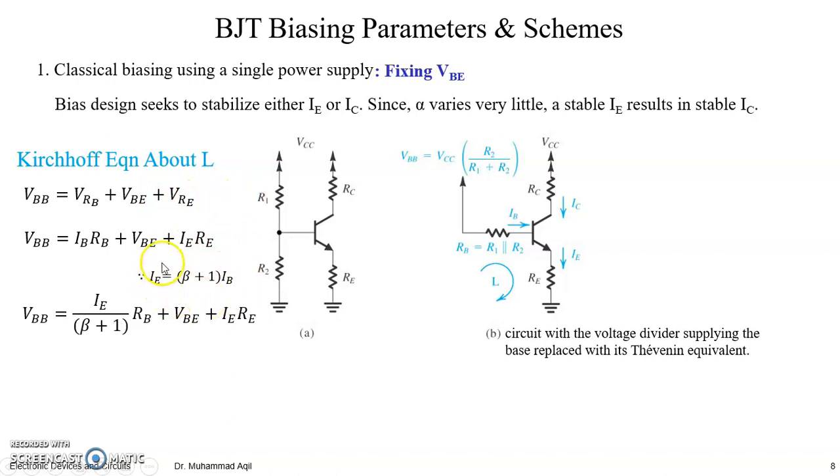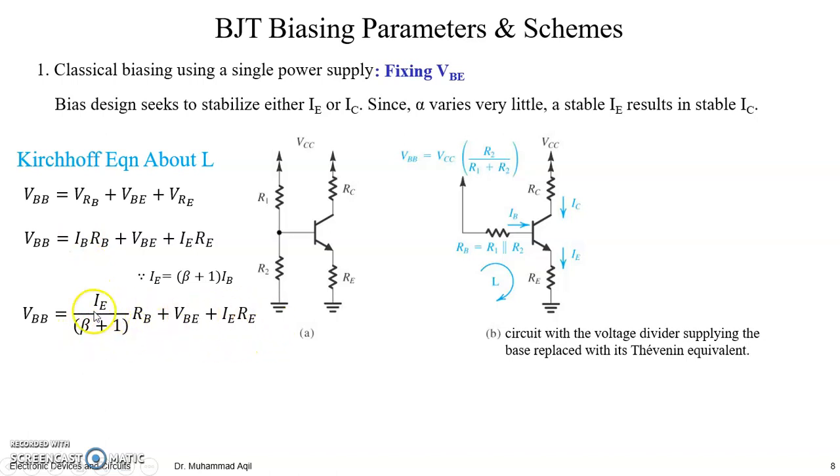And we know that IE is equal to IC plus IB. From that relation, we can find IE is equal to (beta plus 1) times IB. We already derived that, right? So we can replace this IB by IE divided by (beta plus 1).